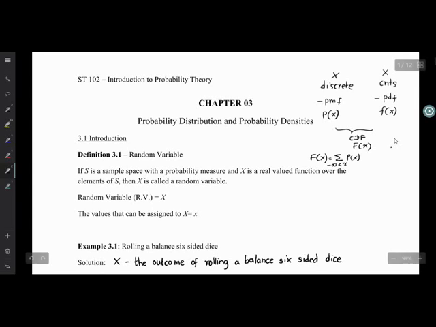For the continuous case, we integrate fx from negative infinity up to the value x. And then you can calculate probabilities either using the PMF or the CDF, or the PDF or the CDF. So this is the end of chapter 3, and in chapter 4 we'll look at how to calculate averages using PMF and PDF.